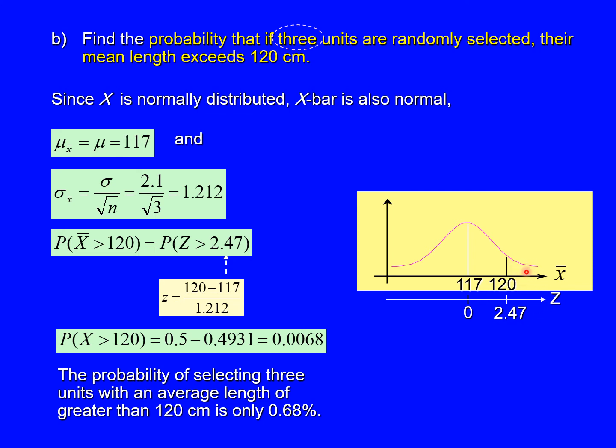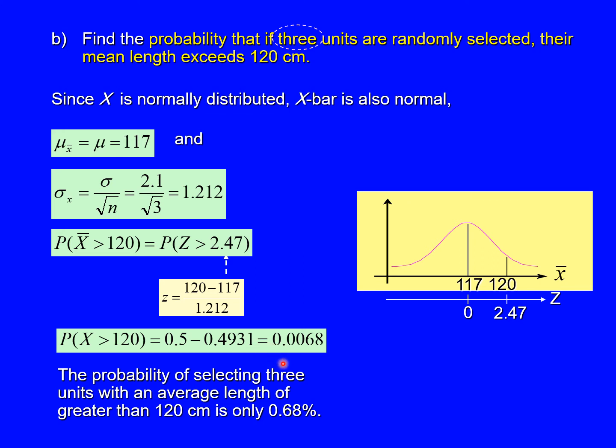So the same, the normal probability table gives us only this part, and this one is 0.5, a half. So the part which we need, the area under the curve here, is equal to half the area under the curve minus this part, which is the probability of Z between 0 and 2.47, which from the normal probability table equals 0.4931.